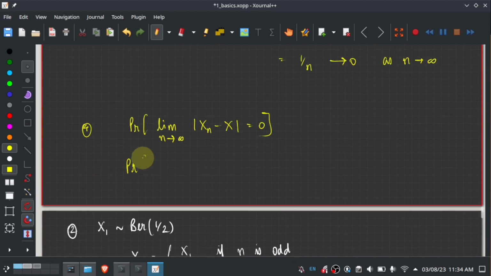What is the probability that xn is less than epsilon for all n greater than or equal to some capital N? What will this be equal to?